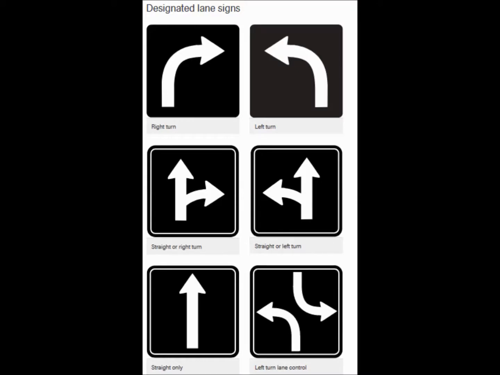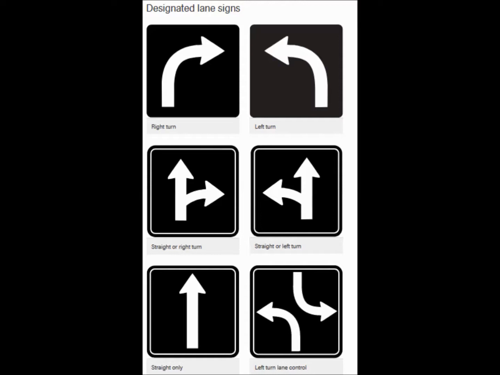Designated lane signs. The message or symbol on these signs indicates the direction or directions a vehicle must travel in the lane. Right turn. Image description. A black rectangle with a white arrow going straight and then turning to the right. Left turn.